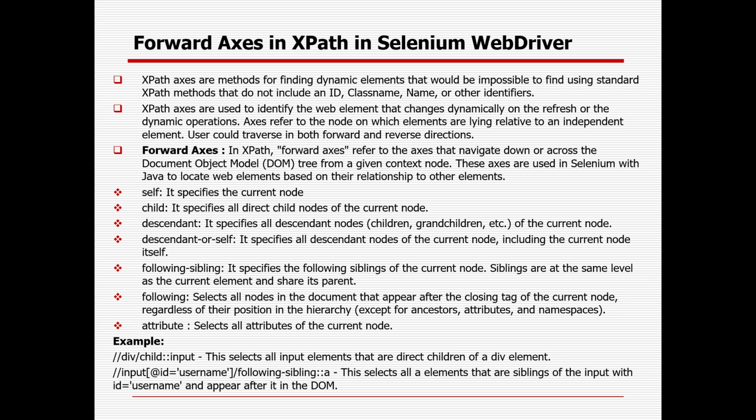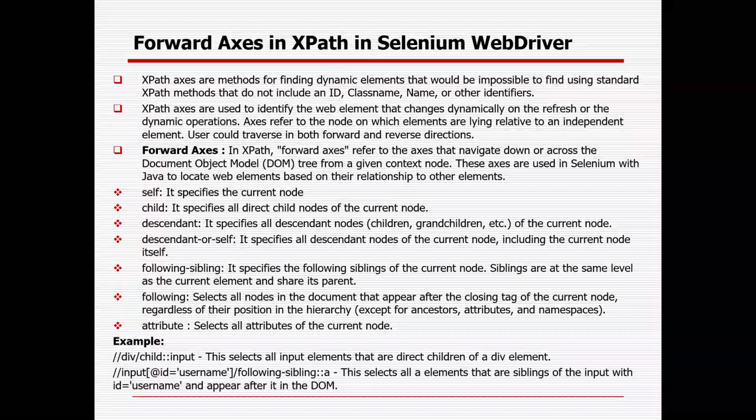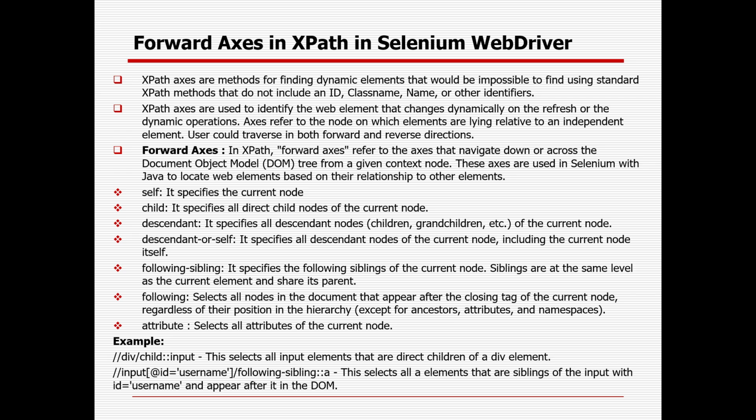The forward axes are used in Selenium with Java to locate web elements based on their relationship to other elements. There are a couple of strategies available, like self, child, descendant-or-self, following-sibling, following and attribute, as part of the forward axes mechanism in XPath. Self specifies the current node.